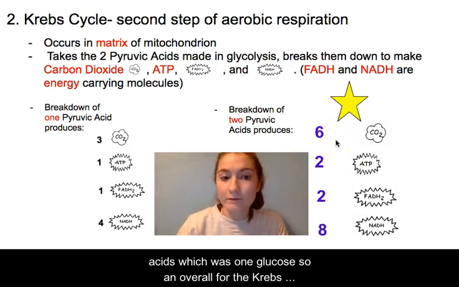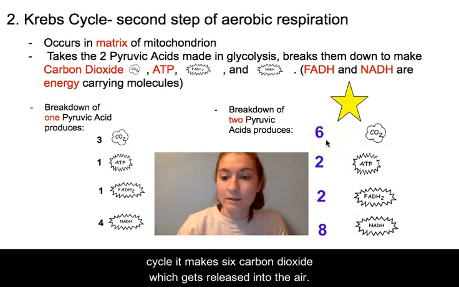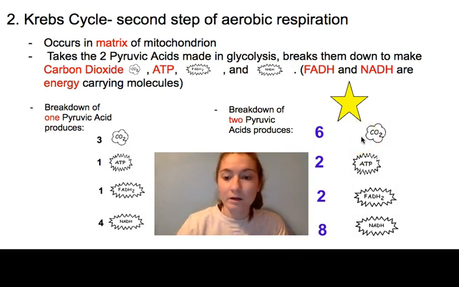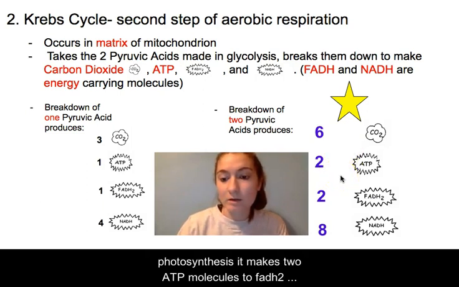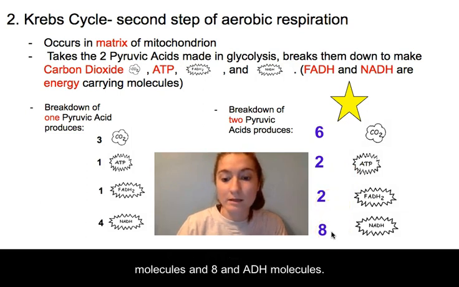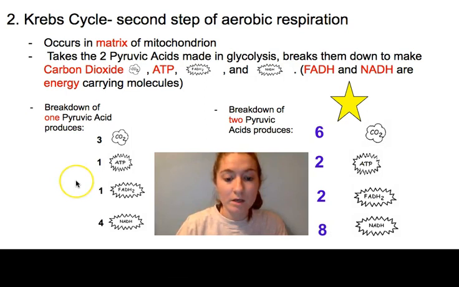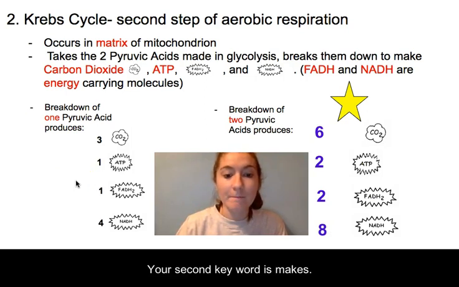So overall, for the Krebs cycle, it makes 6 carbon dioxides, which get released into the air, and then the plants are going to retake that in for photosynthesis. It makes 2 ATP molecules, 2 FADH2 molecules, and 8 NADH molecules. Your second keyword is makes.